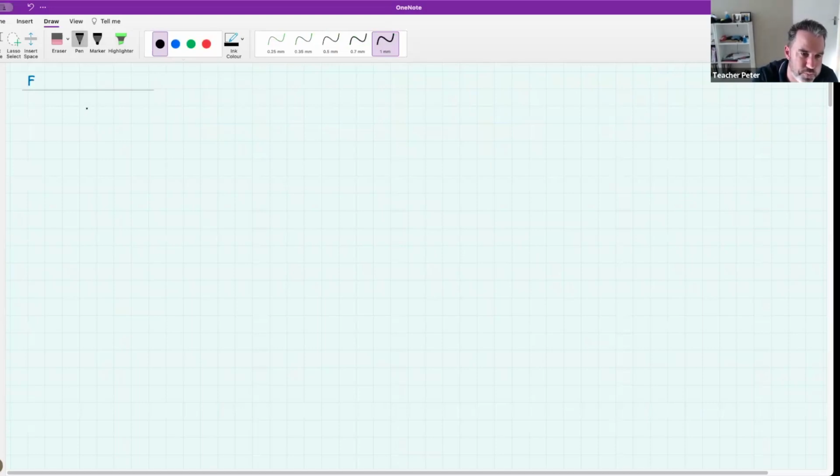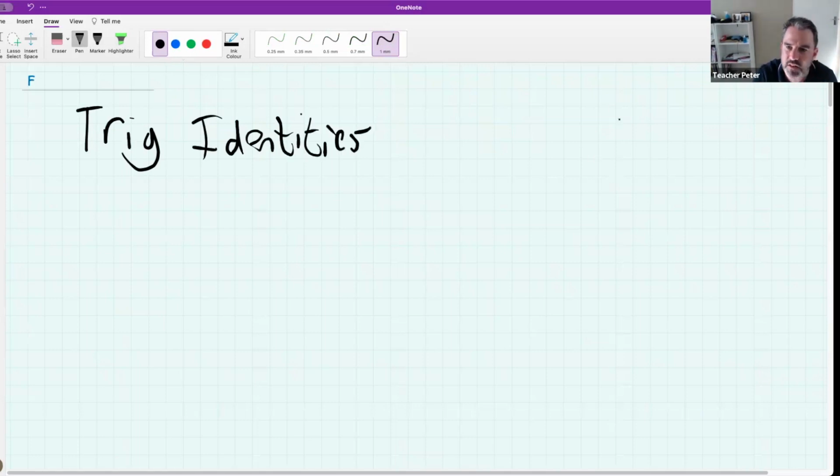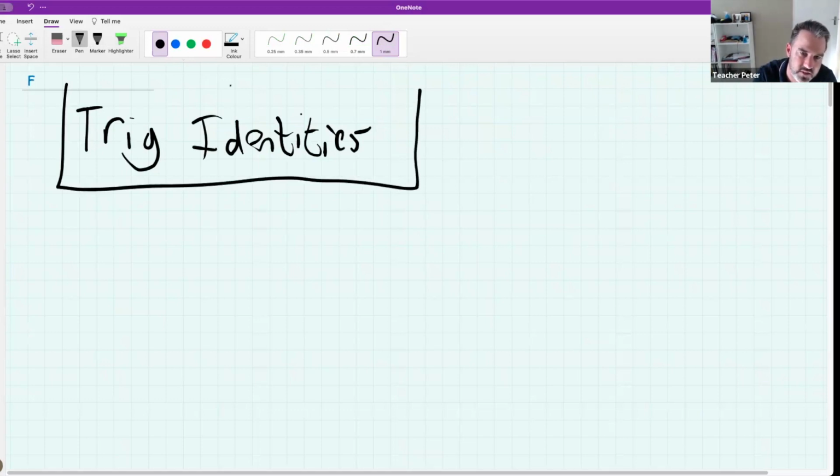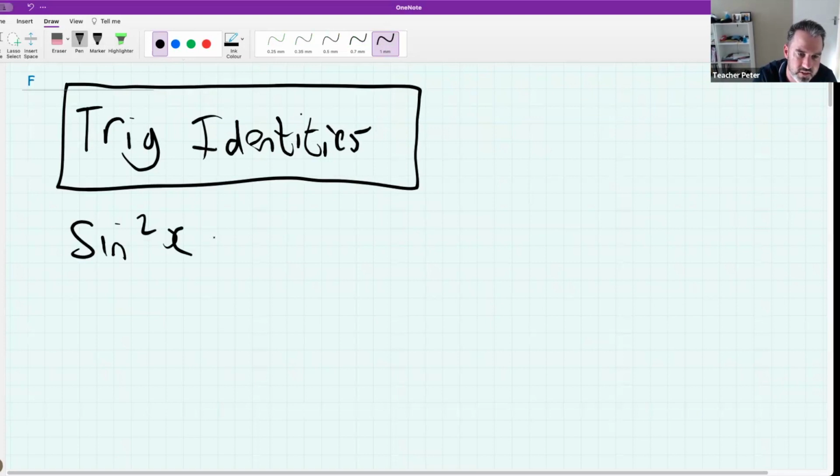What is today's topic? We are carrying on with trig identities. The important things that we did in the last lesson were that sine squared x plus cos squared x equals 1.